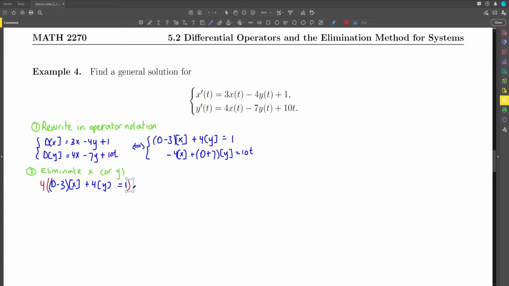And then apply the differential operator D minus 3 on the second one. I get D minus 3 acting on negative 4x plus D plus 7 times y, and that equals 10t.